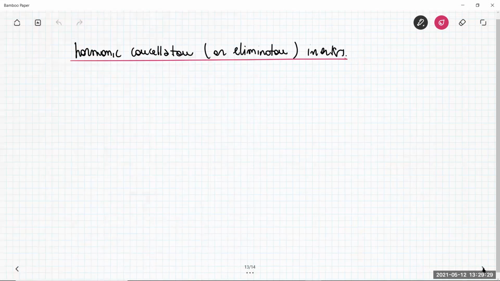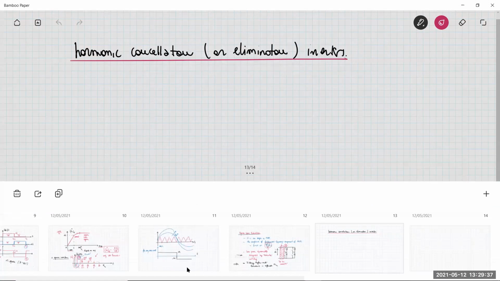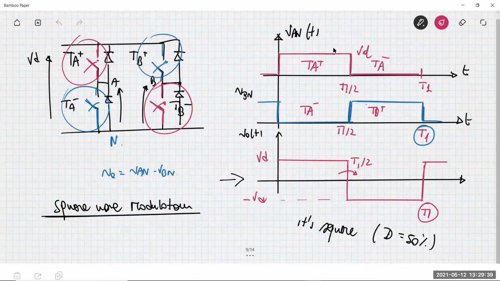So let me consider something that I already discussed before for square wave, this waveform here. In the square wave inverters, VAN and VBN are 180-degree out-of-phase square waveforms.